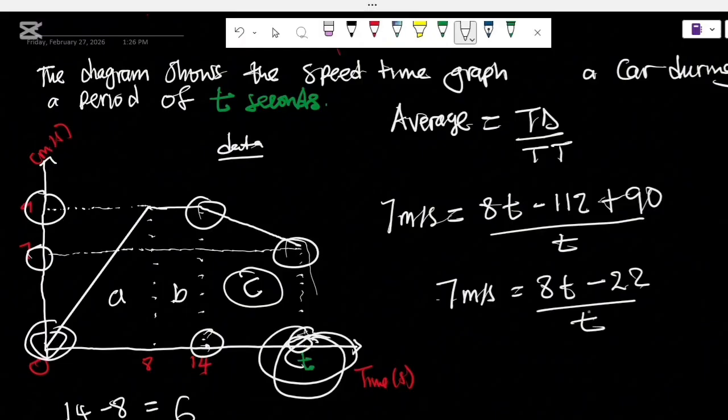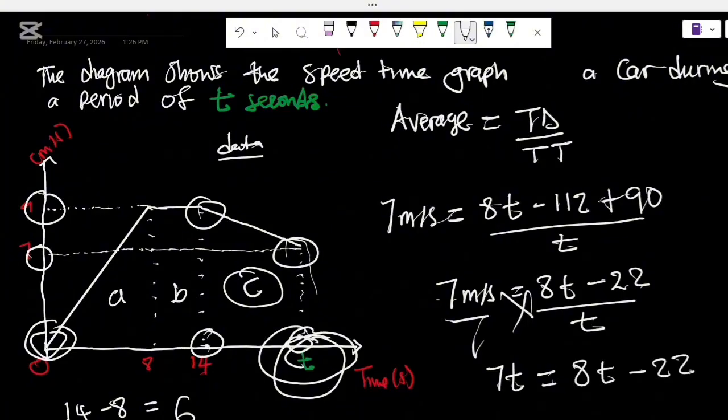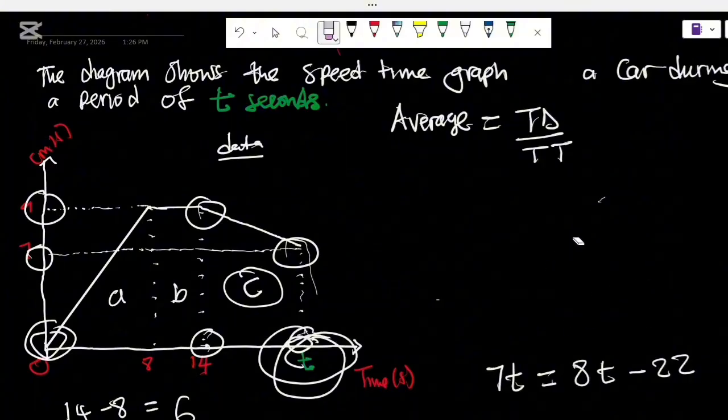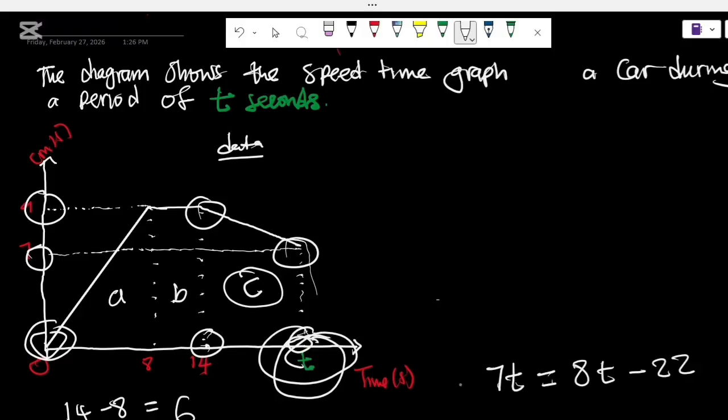So all we have to do here is to find the value of t, to solve for t. So this is going to be t multiplied by 7. So this is 7t, which is equal to, we're going to have everything here, which is 8t minus 22. So we can collect the like terms here. So this 8t is going to go to the other side, and it's going to change the sign.